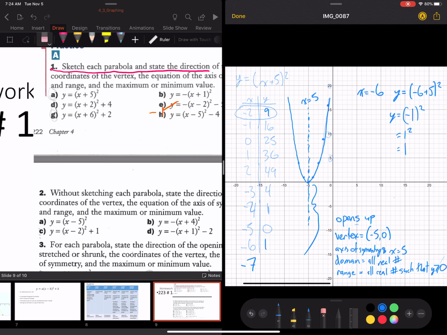And finally, it has a minimum value. It has a minimum of 0. Check.